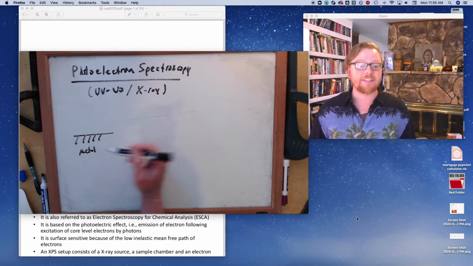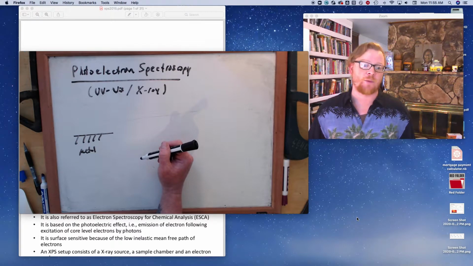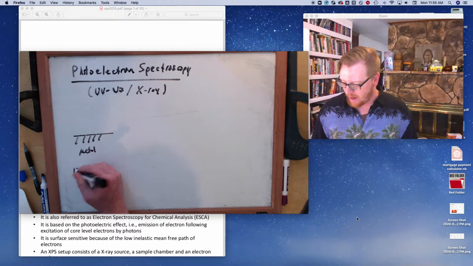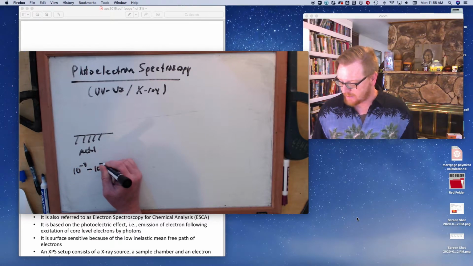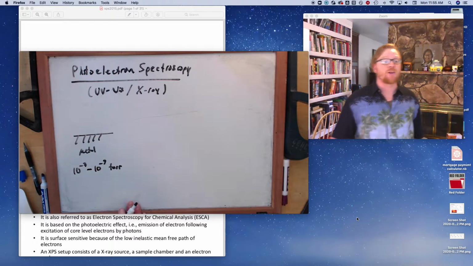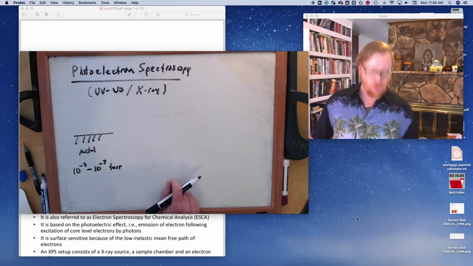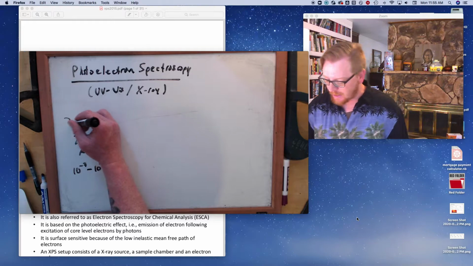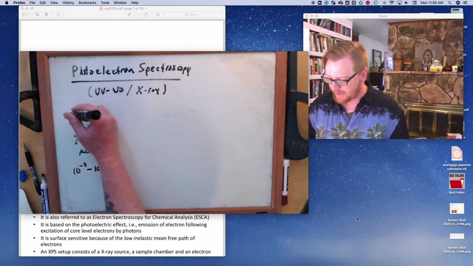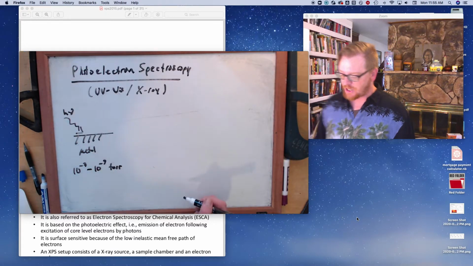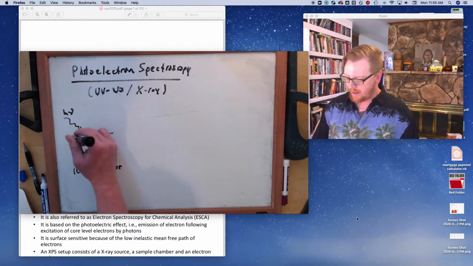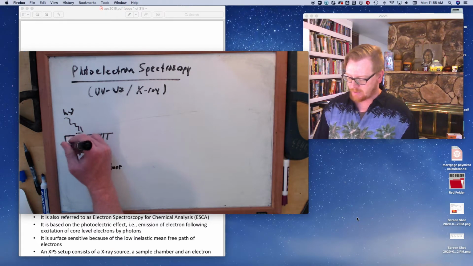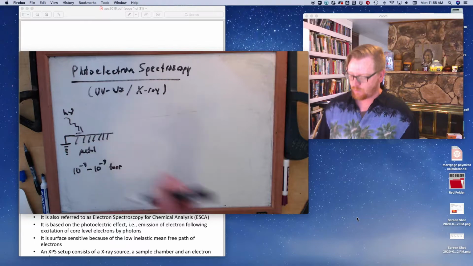And this is going to be in ultra high vacuum. And by ultra high vacuum, I'm talking about something like 10 to the minus 7 to 10 to the minus 9 torr vacuum pressure. So it has to be very, very low pressure. And you shine an energetic source of radiation, h nu, and of course the sample has to be electrically grounded.